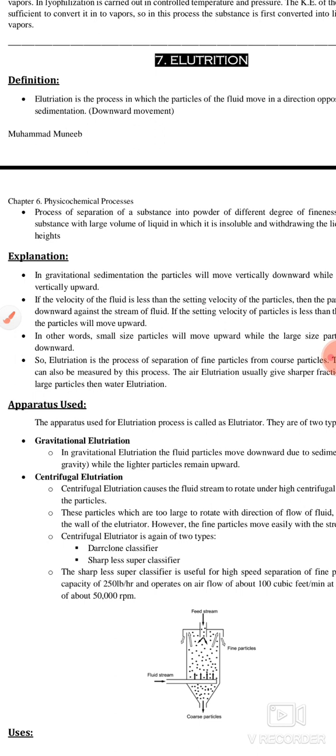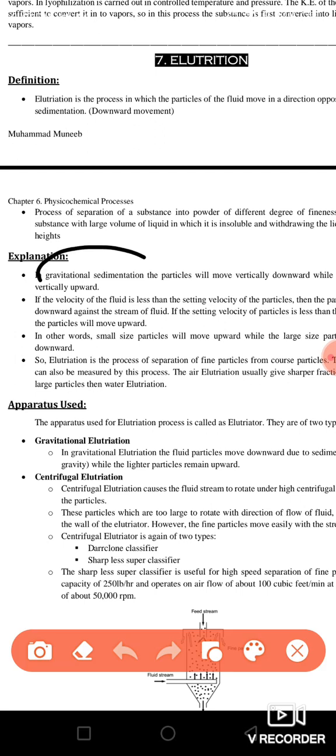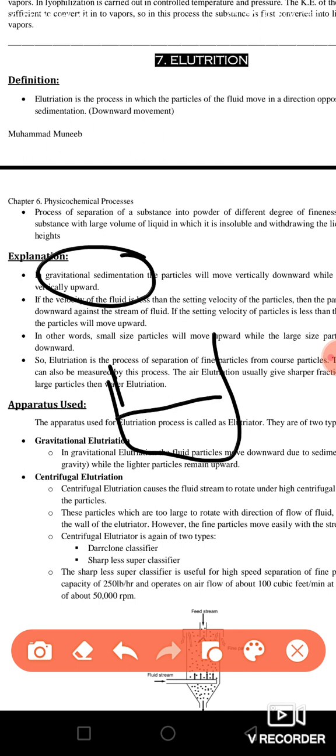Now in gravitational sedimentation, you know what gravitational sedimentation is? Sedimentation is a process in which particles settle down, meaning gravity is exerting a force. For example, with this substance, gravity exerts force and allows the substance to settle down at the bottom.